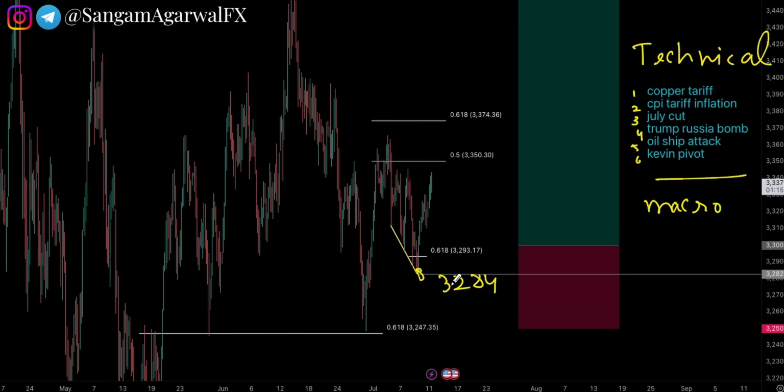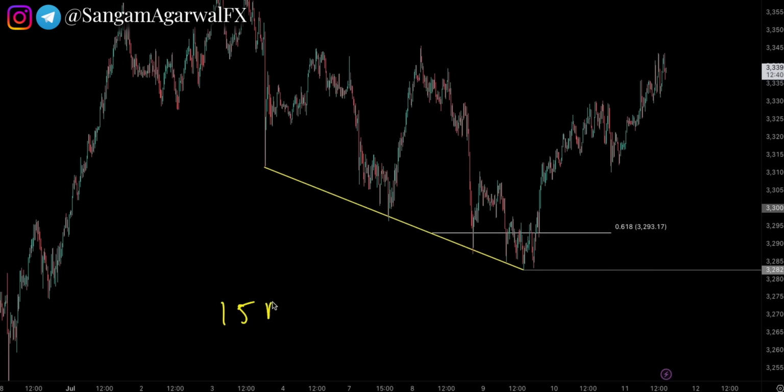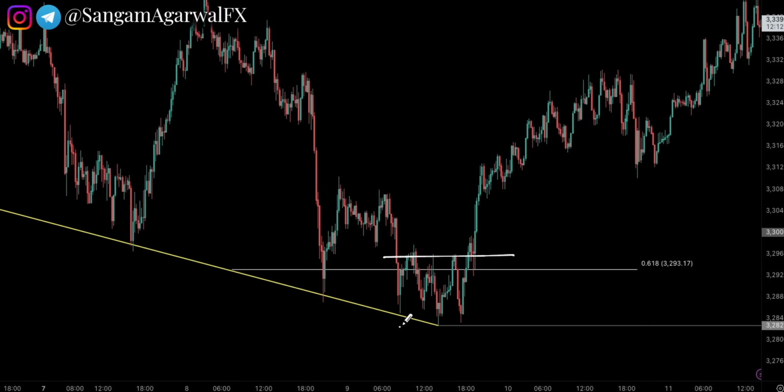That is the reason I was waiting, because I could say buy when price was testing 50%, I could say buy when price was testing 61%, but the market went down below the 61% retracement. Stay there. Then I say start buying. If you ignore all the fundamentals, everything, then at least you know the trendline with 5 retests is a buy. 61% retracement is a buy. The double bottom you can see is a buy.